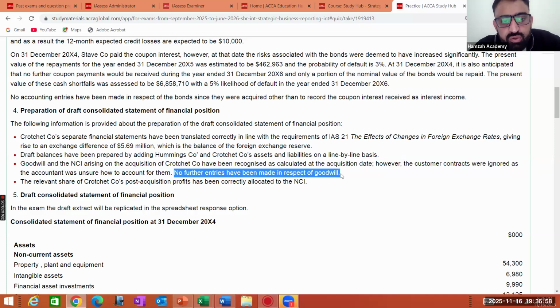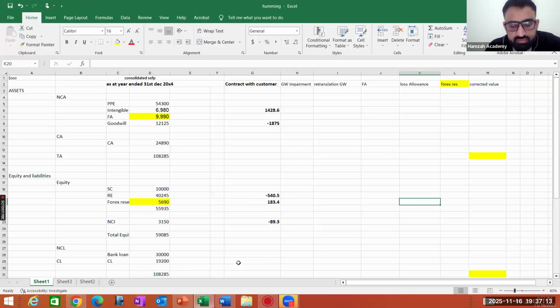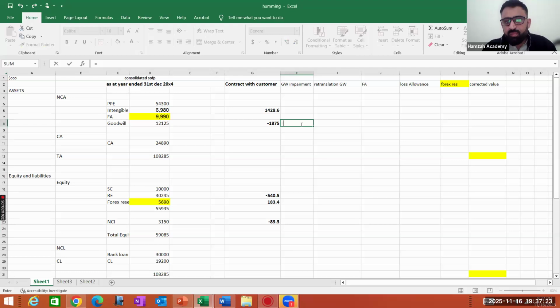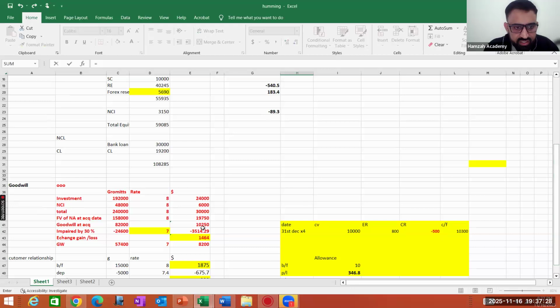They have recognized the goodwill and NCI at the date of acquisition other than the customer contract, and no further entries have been made in respect of goodwill. No further entries. That means the impairment on goodwill is not recorded. Entry has not been made. Now, impairment on goodwill in terms of dollars, we have calculated, and that is 3514.